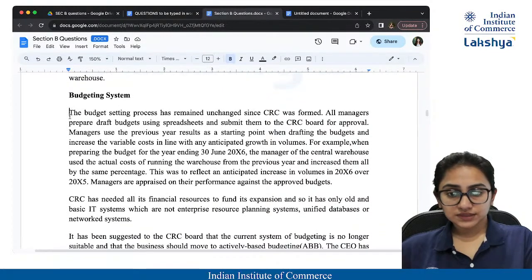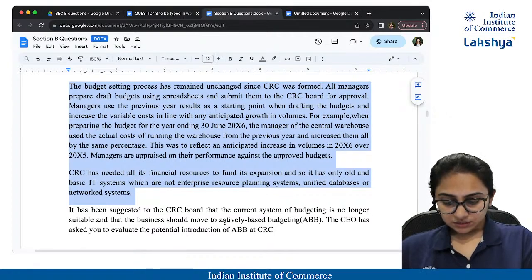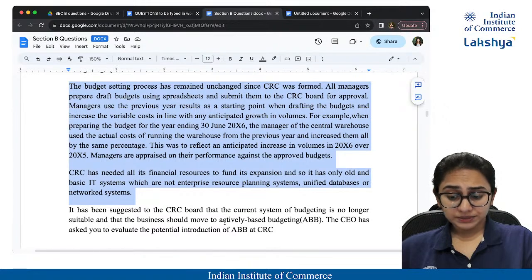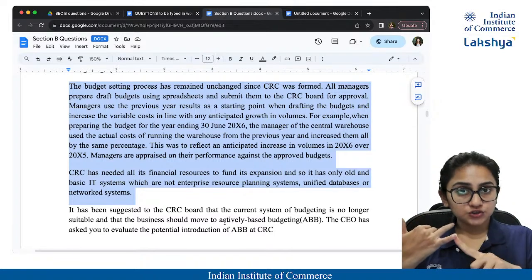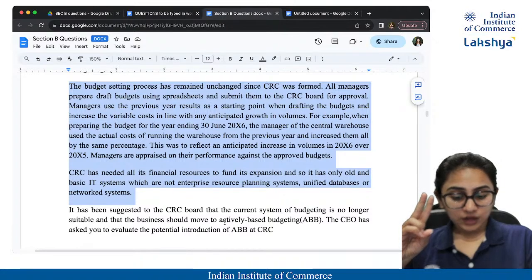This is the current system that they are using and they are planning to use the ABB, that is the activity-based budgeting. So let's begin with what they feel should be done, and then you also have to calculate the activity-based budget. Whenever they ask whether a company should change from its current budget to some other budget, you have to state the advantages of the current budget, then the disadvantages of the current budget, then the advantages of activity-based budget and disadvantages of activity-based budget.